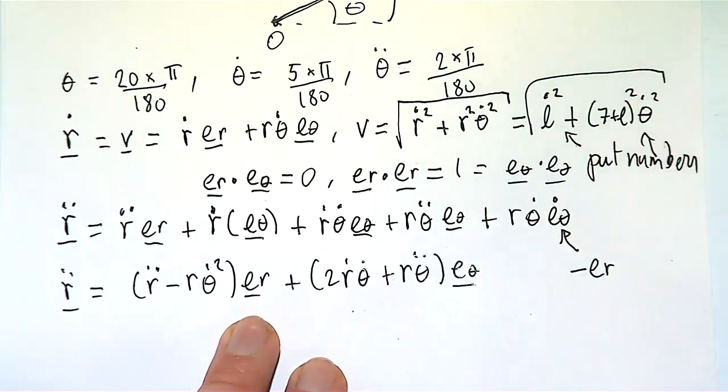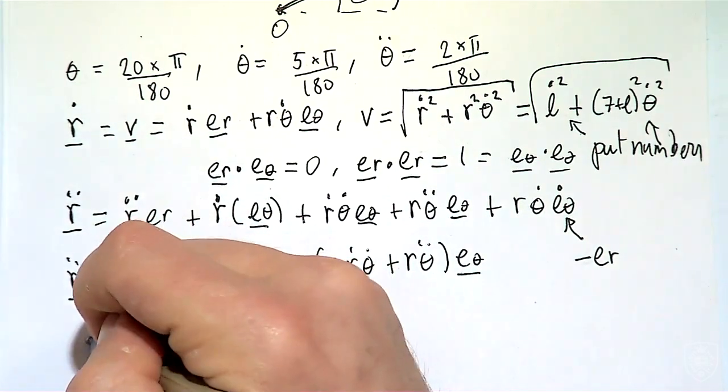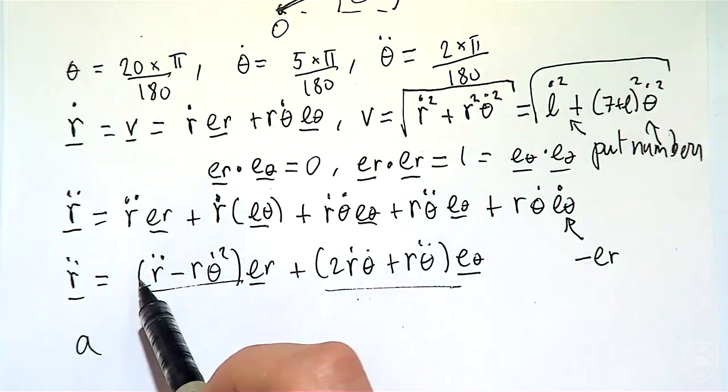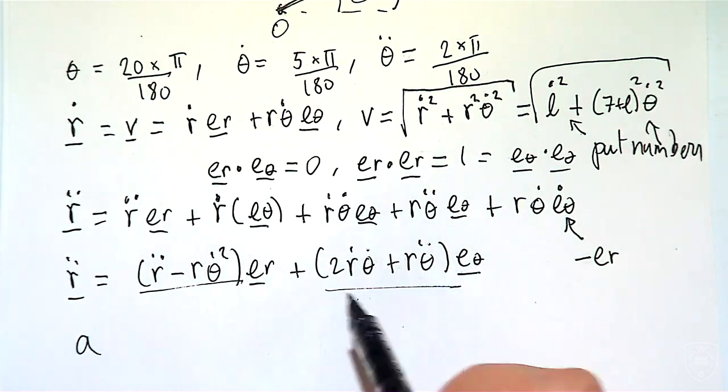E theta. And that means that the magnitude of the acceleration, again, for any vector, is the square root of the square of the first component plus the square of the second component.